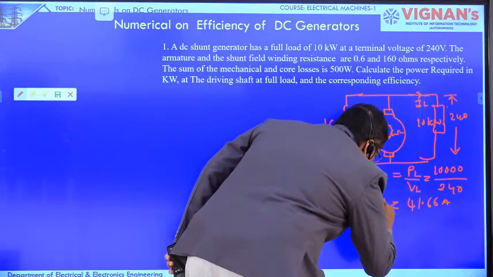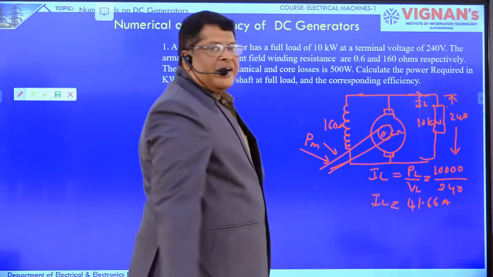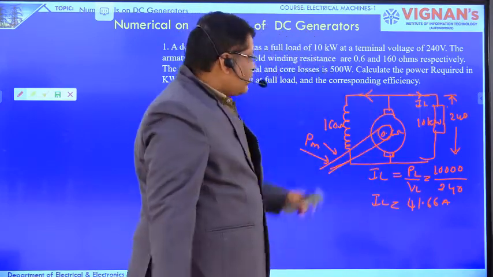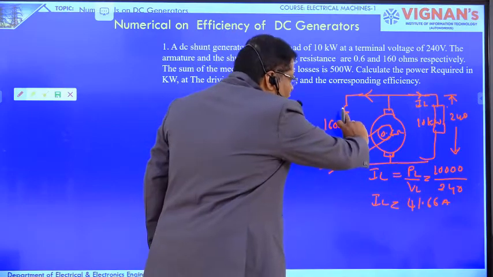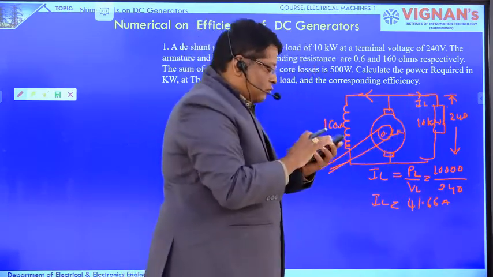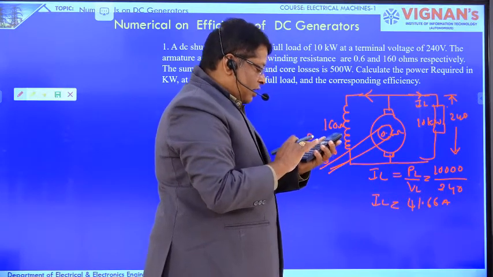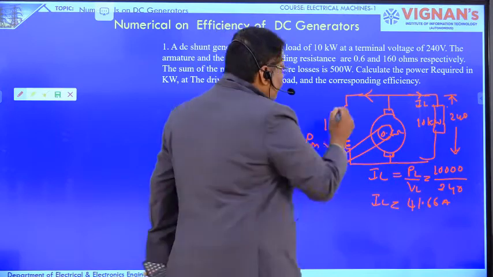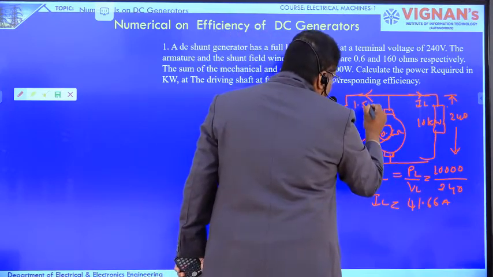This is the load current. Next, calculate the shunt field current. It equals the voltage across the shunt field divided by its resistance. The voltage is 240 volts. 240 divided by 160 gives 1.5 amperes.